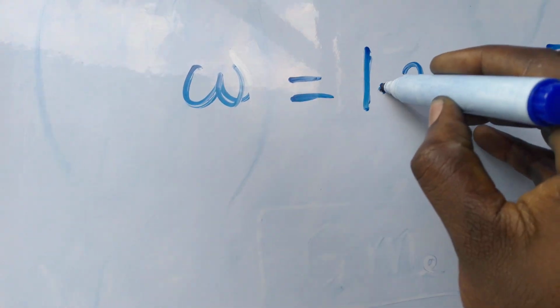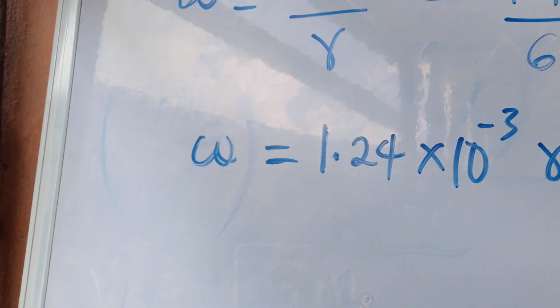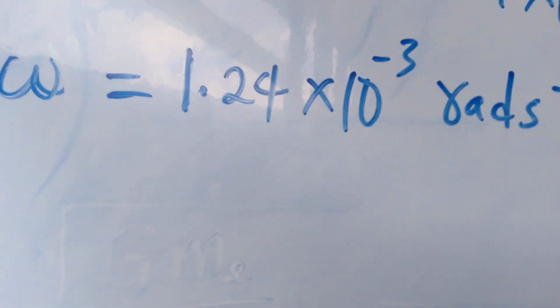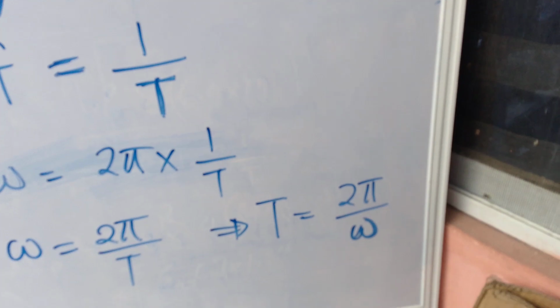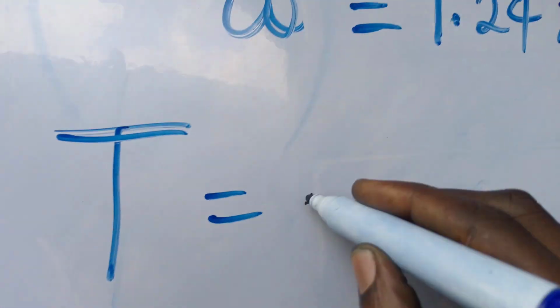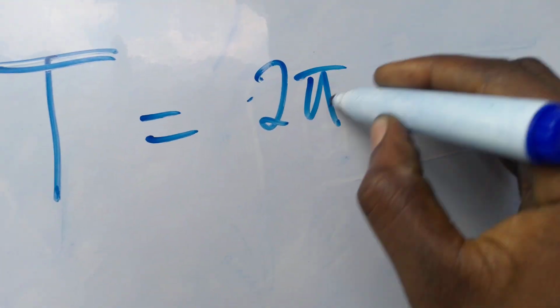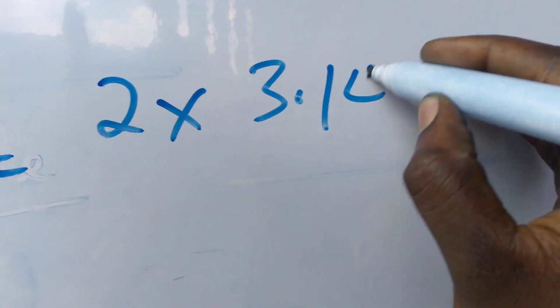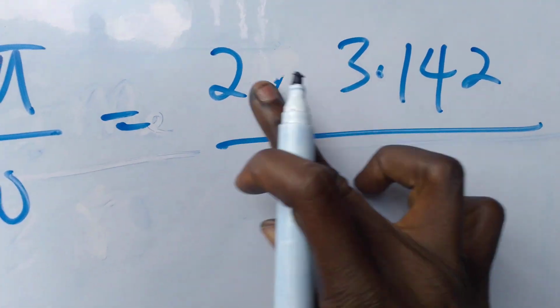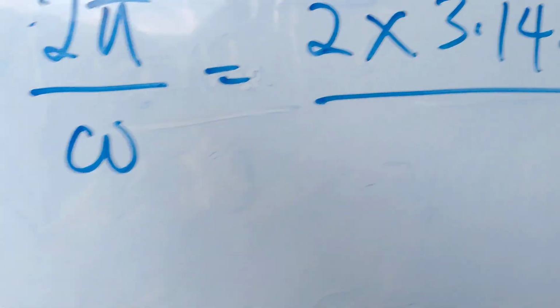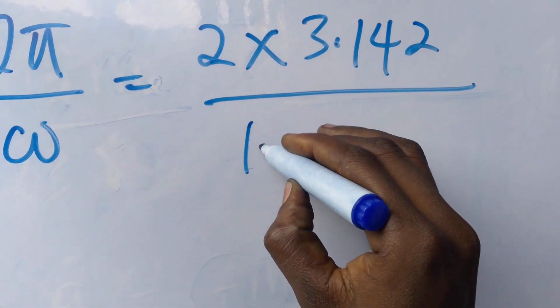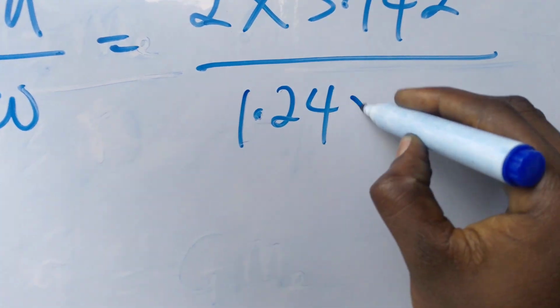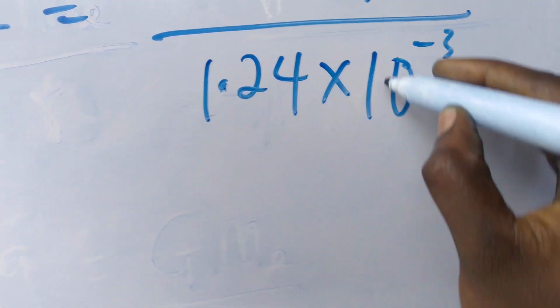So I will then place it into the formula. The formula there is T equals 2 pi over omega. Therefore T is equal to 2 times 3.142 divided by omega, which is 1.24 times 10 raised to power minus 3.